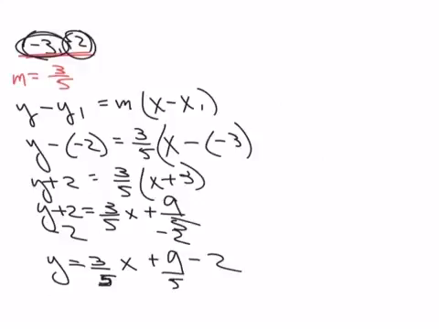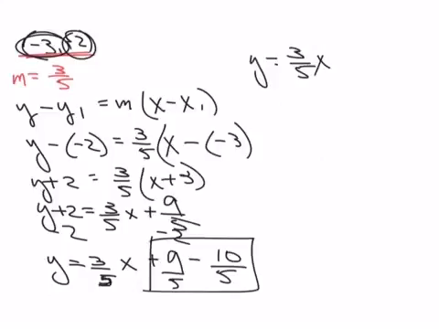Common denominator for this one is the 5. So we put a 5 on the bottom. 2 times 5 is 10. So that gives me y equals 3/5 x. And what do I do with this? 9 minus 10 is -1 over 5. And that ends up being my equation.